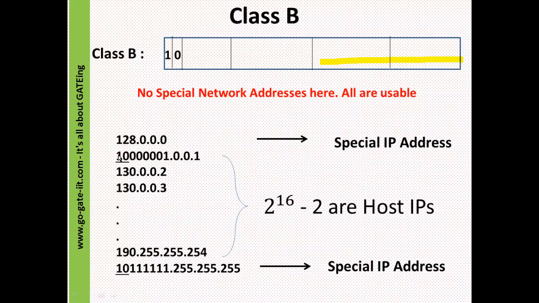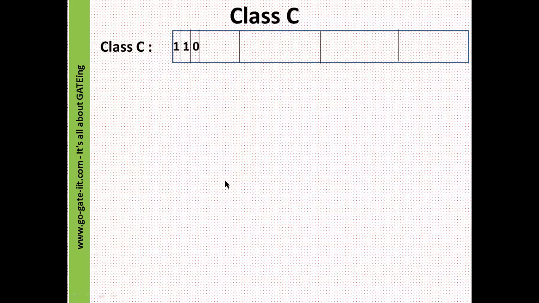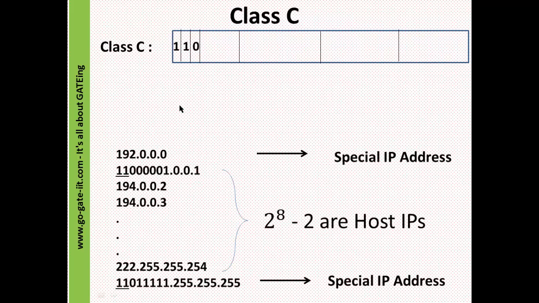You can see that for every address the first 2 bits are always fixed. Similarly in class C, the first 3 bits are fixed, 110. Again here 192.0.0.0 is a special IP address, and similarly the very last IP address of this classification is again a special IP address.